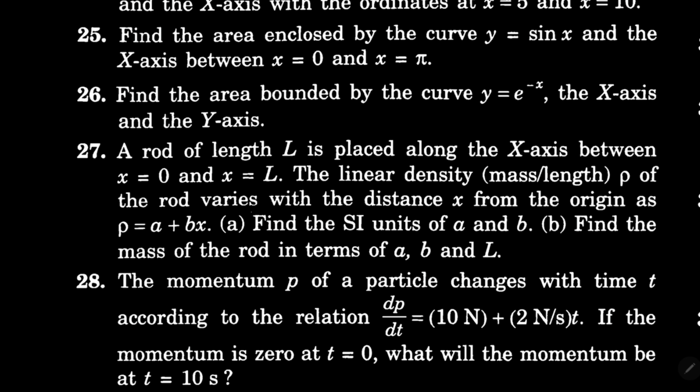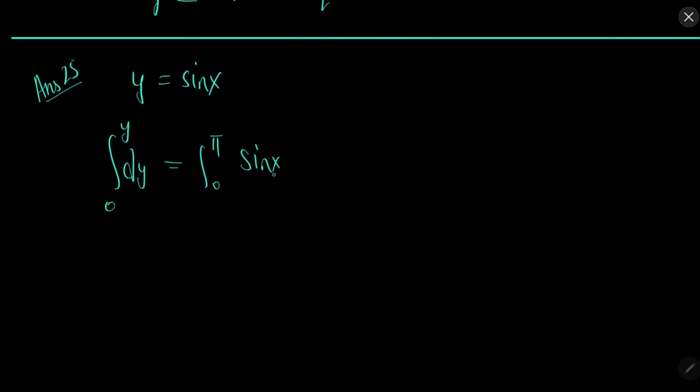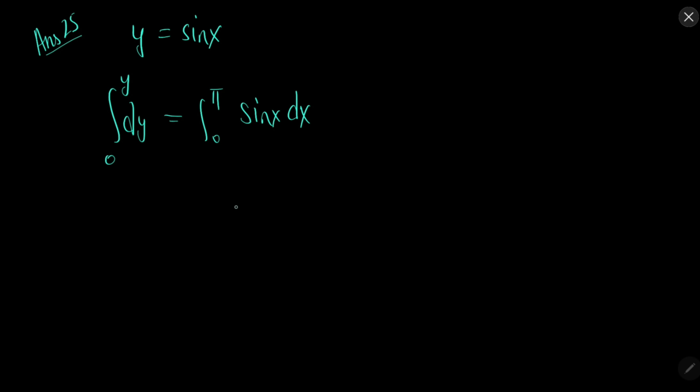In question 25, we need to find the area enclosed by the curve y equal to sin x and the x-axis between x equal to 0 and pi. 25th one, y equal to sin of x. So let's take a small part and integrate, sin x dx.